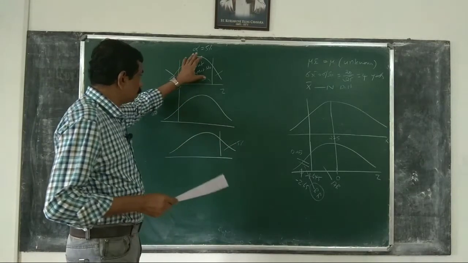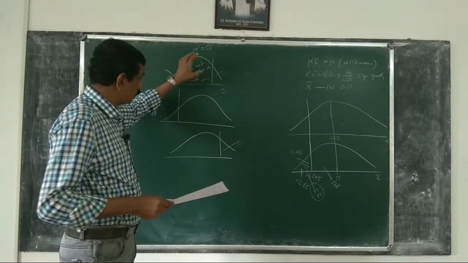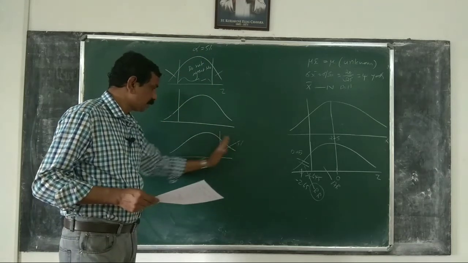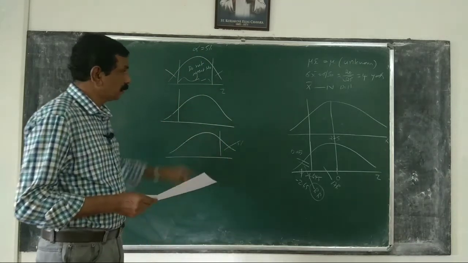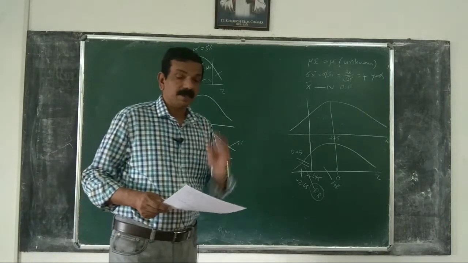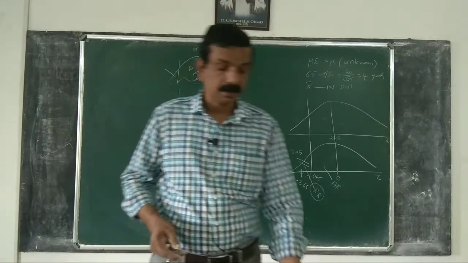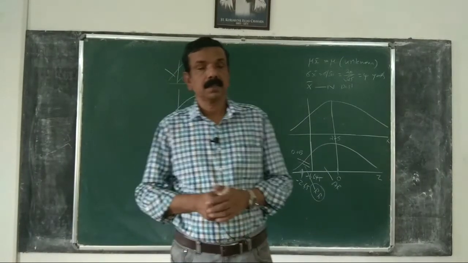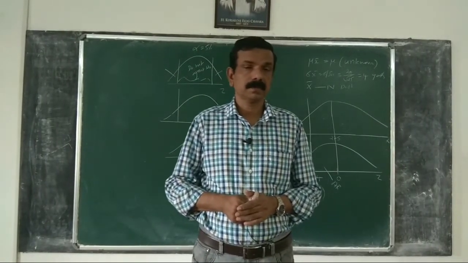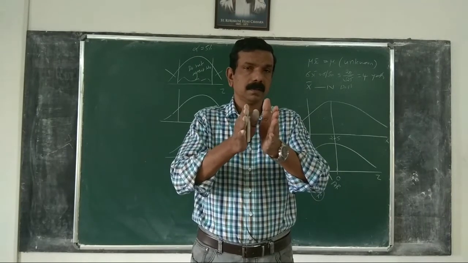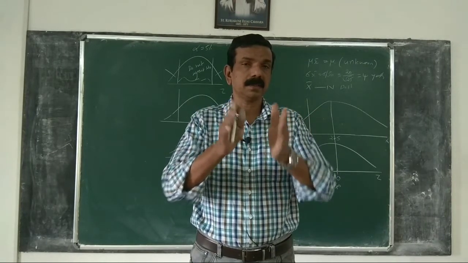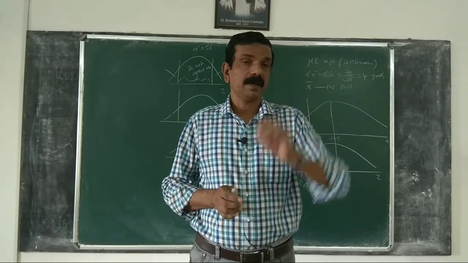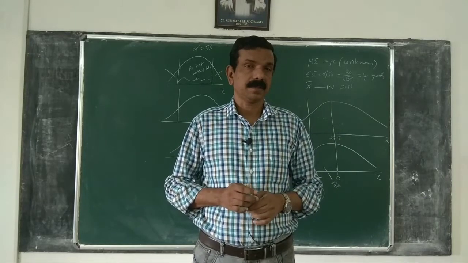So whether you conduct a two-tailed, left-tailed or right-tailed test depends on how you specify the alternative hypothesis. And the rejection region and acceptance region depend on the value of alpha, the level of significance.